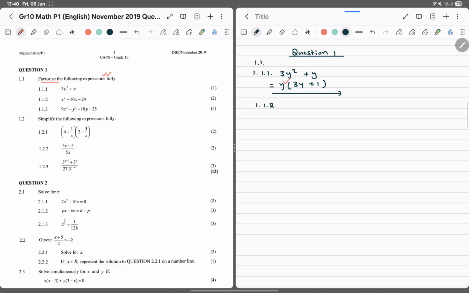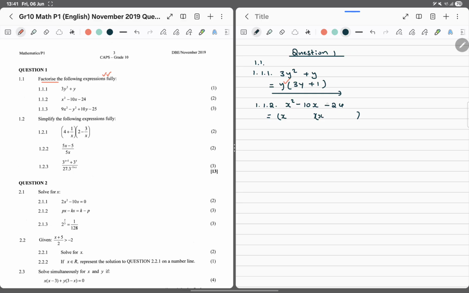So 1.1.2. We have x squared minus 10x minus 24. Now, we can factorize this by inspection. So we take x.